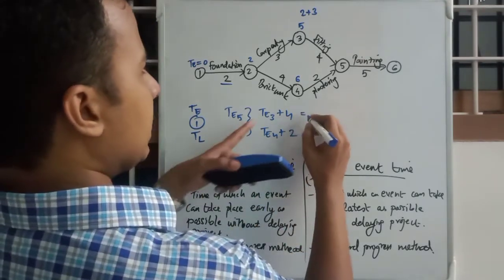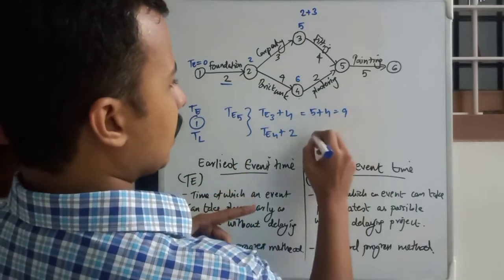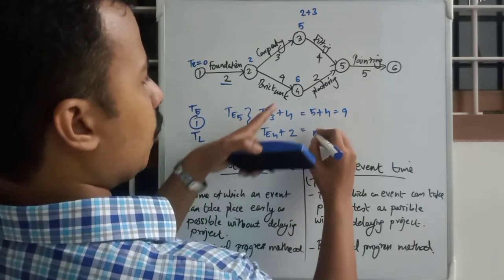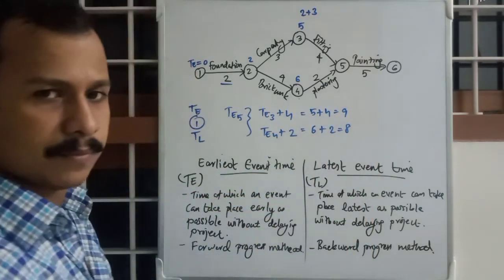TE3 was 5 plus 4, that is 9, and TE4 was 6 plus 2, that is 8.